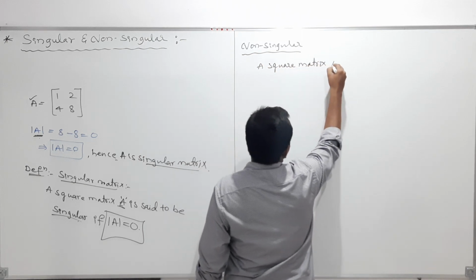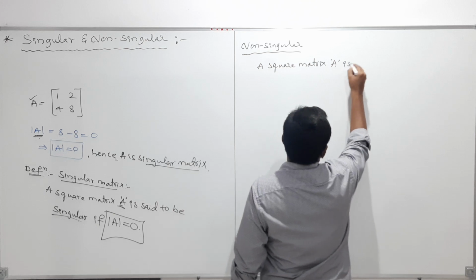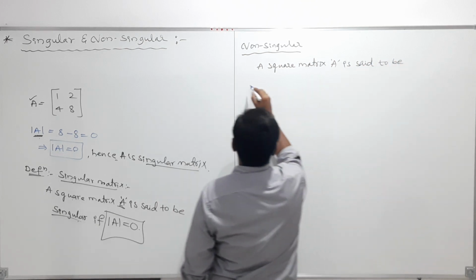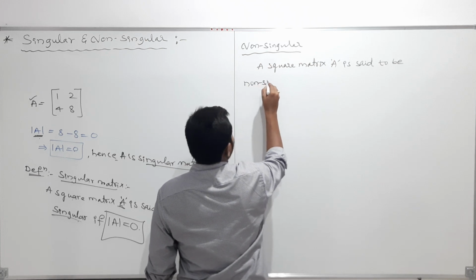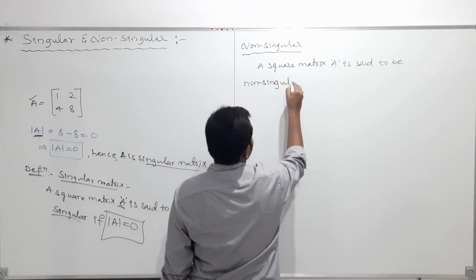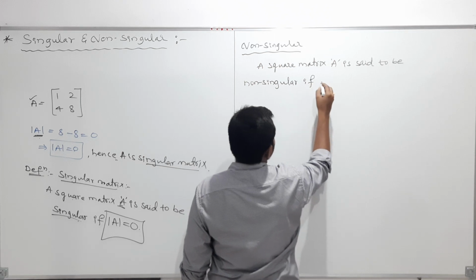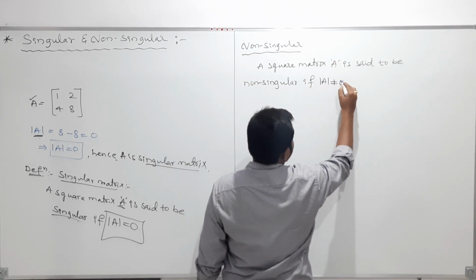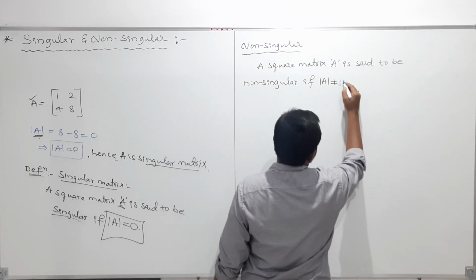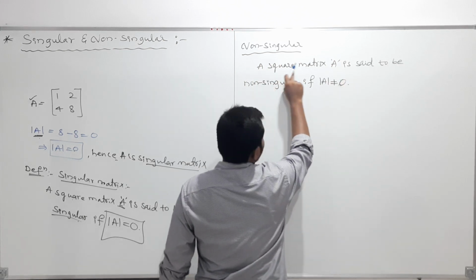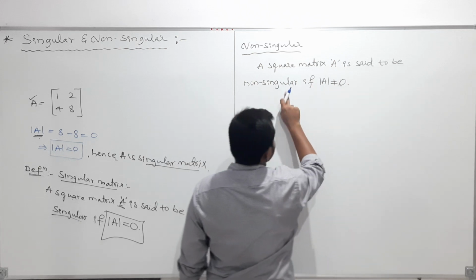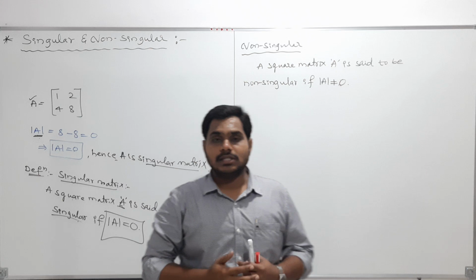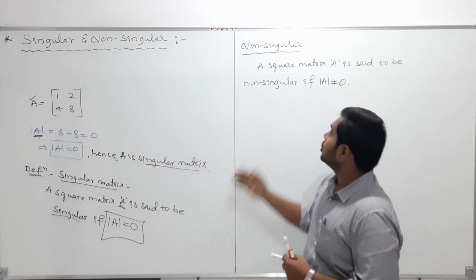A square matrix A is said to be non-singular if the determinant of A is not equal to 0. Very simple definitions, my dear students. Then such a matrix we can call non-singular.